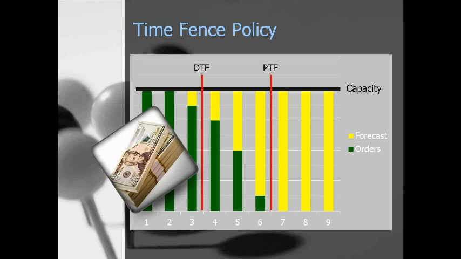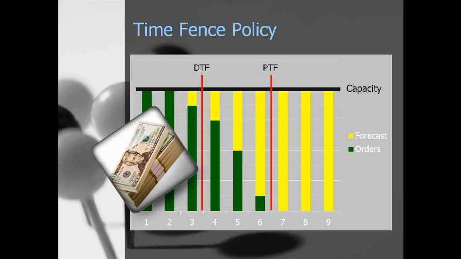The choice to make that rightly belongs to our friends in sales, because if we establish the policy that you can bring an order inside the demand time fence, but you also have to tell me which order I'm moving out, then it is their choice of which customer gets priority service and which customer they have to tell, sorry, but you're not getting your order on time.